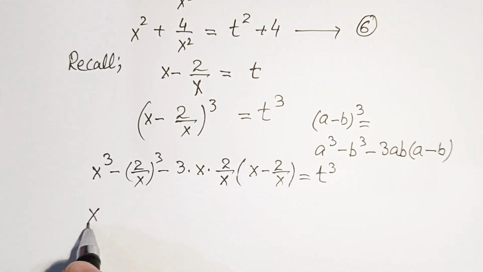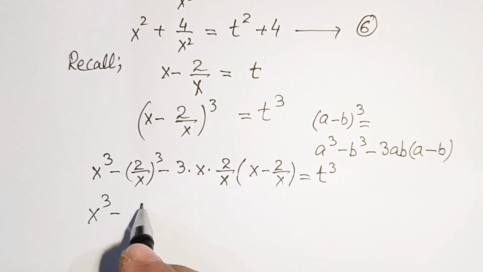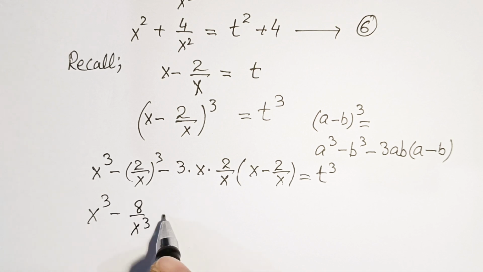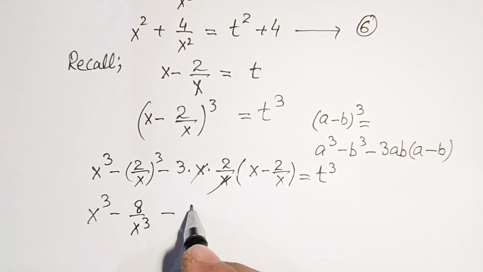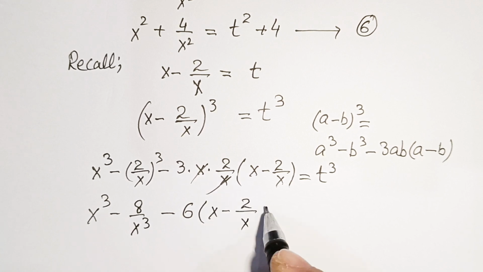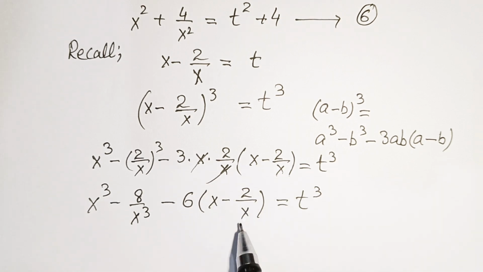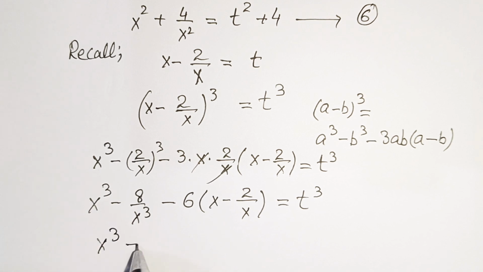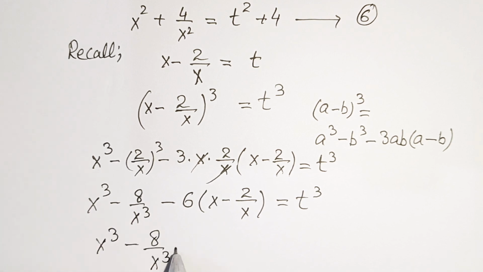Now x cubed minus 2 cubed is 8 over x cubed, and x will be cancelled out, we get 3 times 2 is 6 times x minus 2 over x, which is equal to t cubed. As we know that x minus 2 over x is equal to t, putting the value here, we have x cubed minus 8 over x cubed minus 6 times t is equal to t cubed.